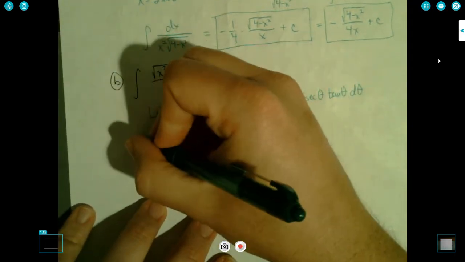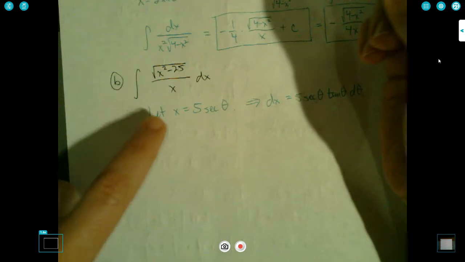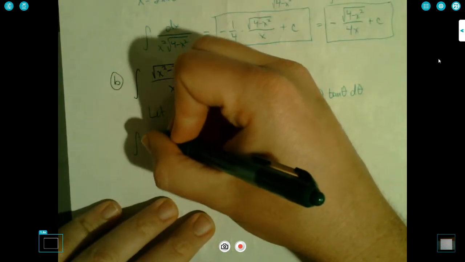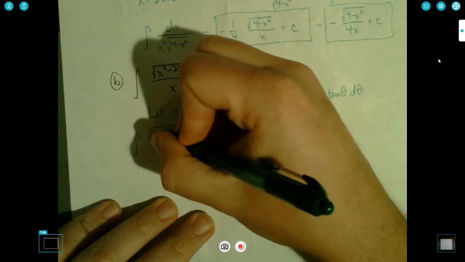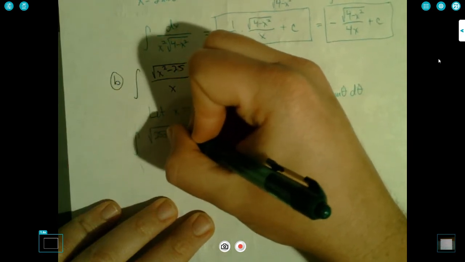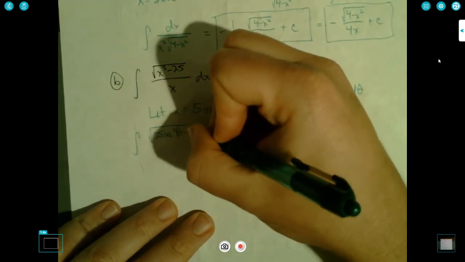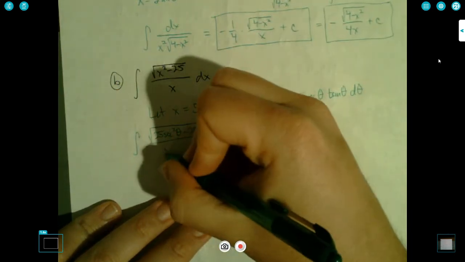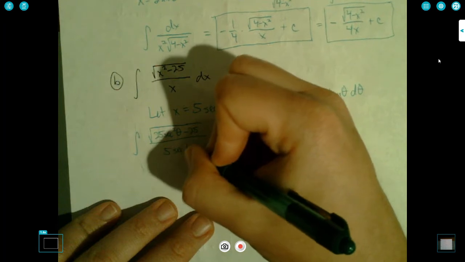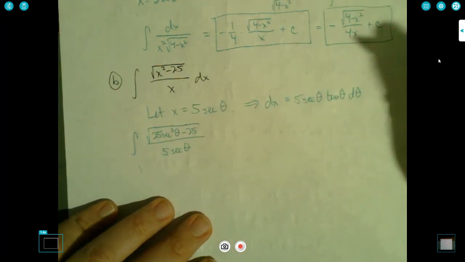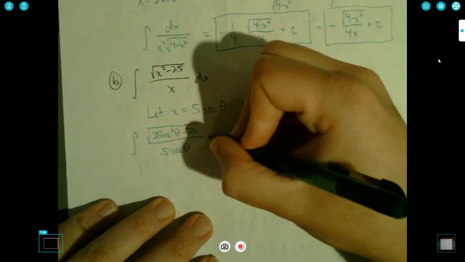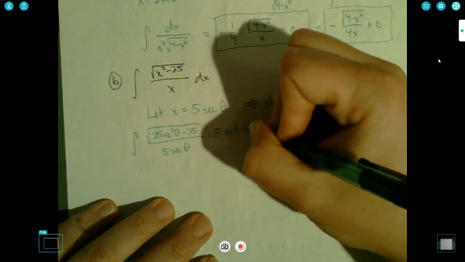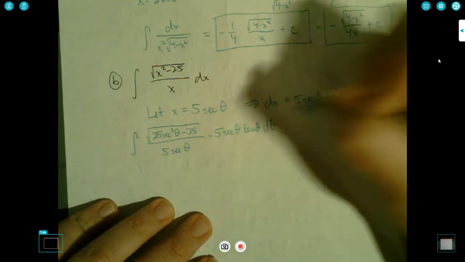So we're going to get x squared would be 25 secant squared theta. So it's going to be the square root of 25 secant squared theta minus 25 over x we replace with 5 secant theta. And then dx we replace with 5 secant theta tangent theta d theta.